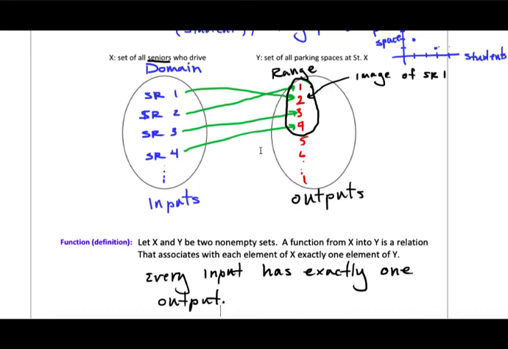That's a function. I'll have some videos on Khan Academy posted that talk about how you identify functions from a graph or from a table. But you're really just looking to check that every input has exactly one output. Whether you're looking at ordered pairs, a table, or a graph, you're checking to make sure that each input has only one output.